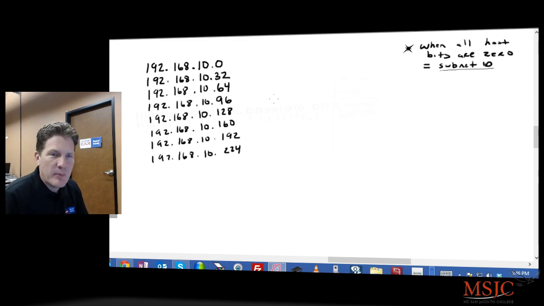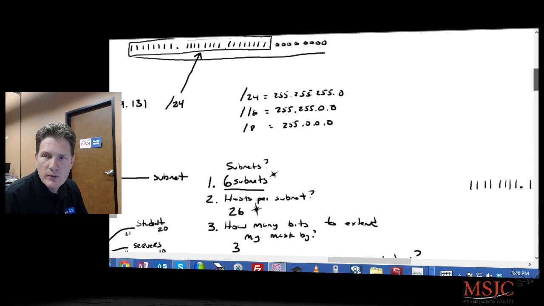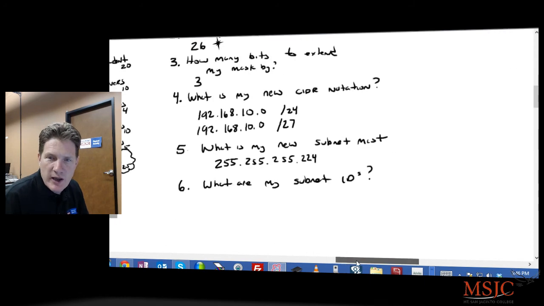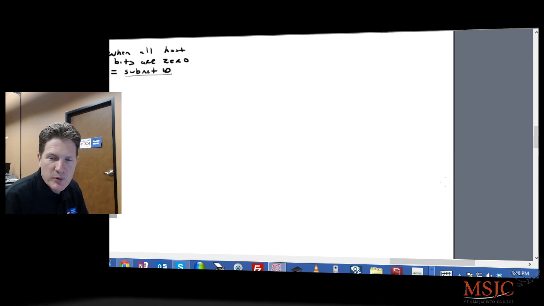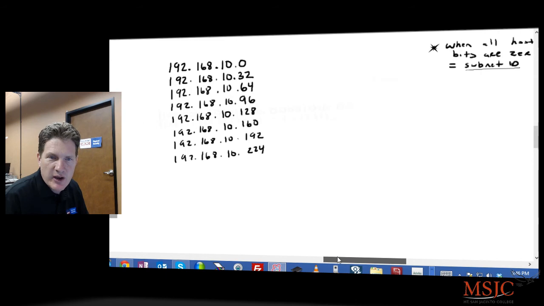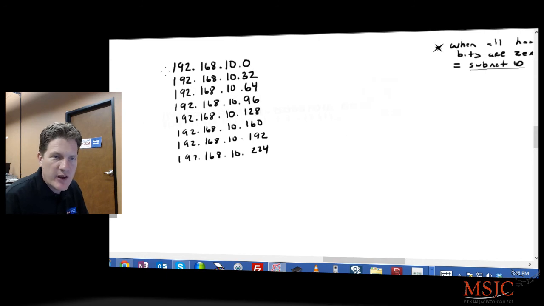Right? Now, how many networks did I say I would create? I said I would create 8 subnets. Because how many bits did I borrow? I borrowed 3 bits. So I'm creating 8 subnets. There they are. Those are our subnet IDs.